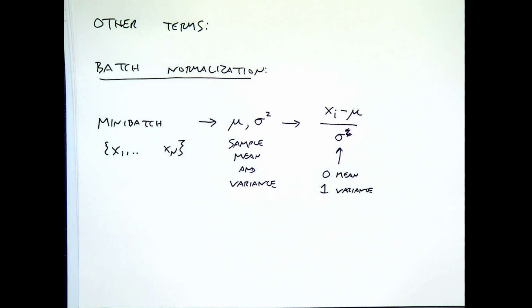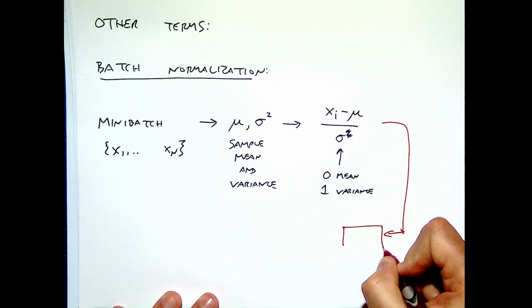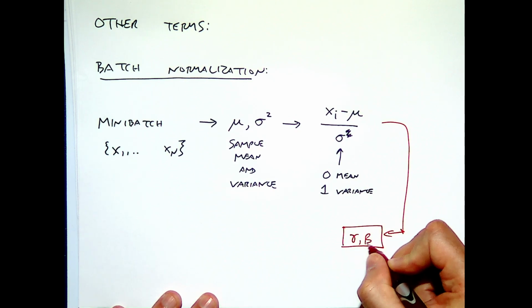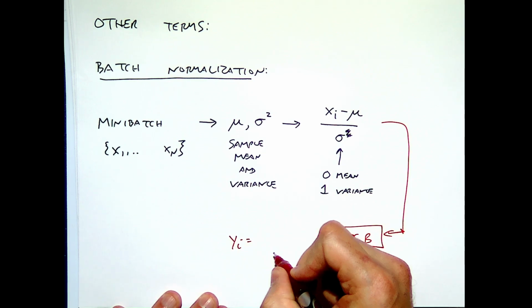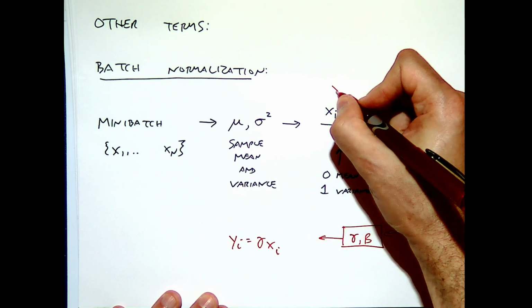This way, I'm taking whatever wild variation there may be in the inputs and centering them back down so everything is nicely well behaved. And then I could also put this through a couple extra parameters like beta and gamma to produce a yi that is scaled. So if I call this xi hat.